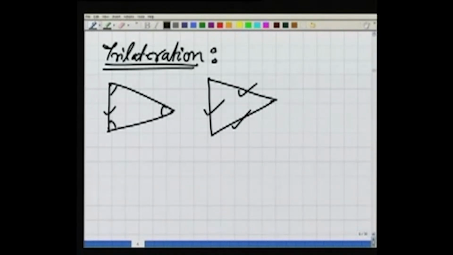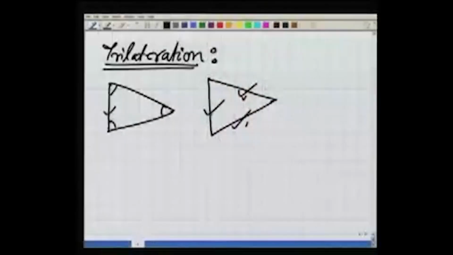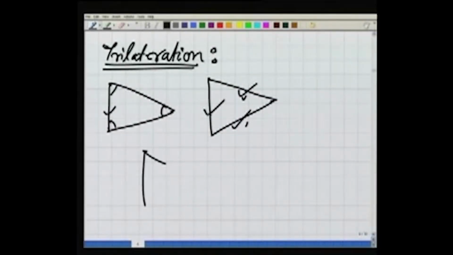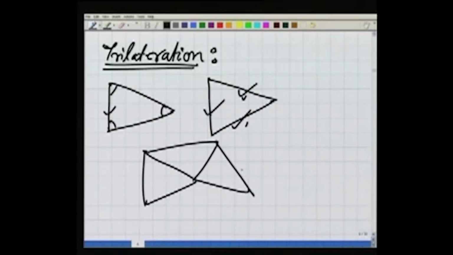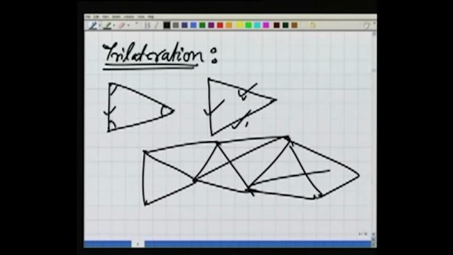I know all 3 lengths, because ultimately in triangulation also, in order to compute the coordinates, we made use of these angles for computing the lengths. Finally, we are computing these lengths there. So this kind of triangulation figure where all lengths are measured, the figure could be anything, we'll talk about that in a moment, but all the lengths are measured here.